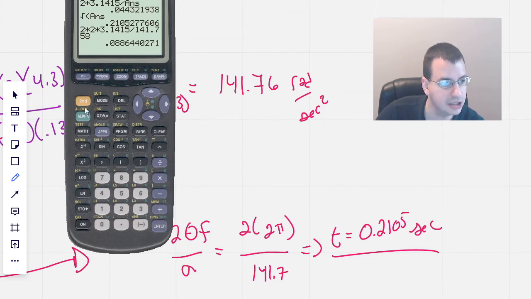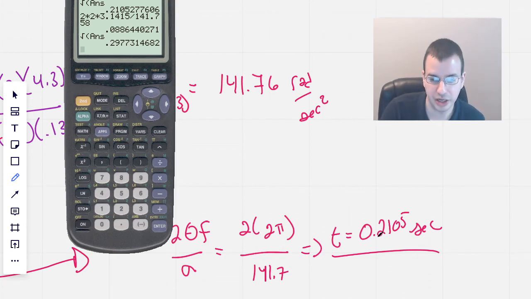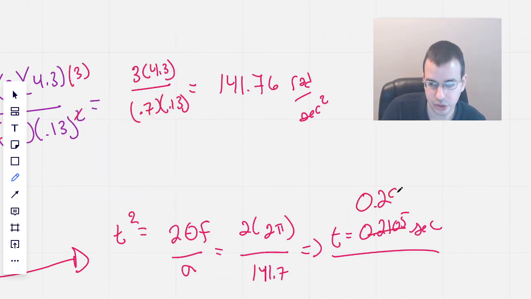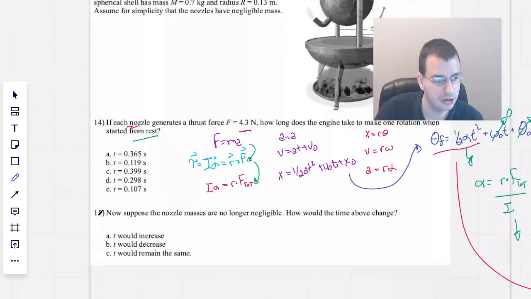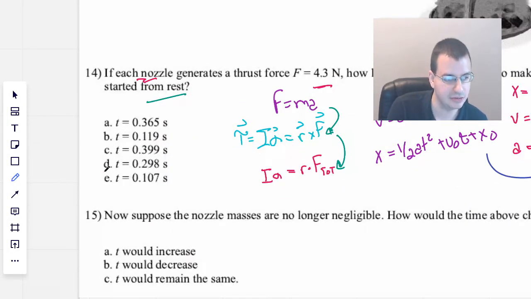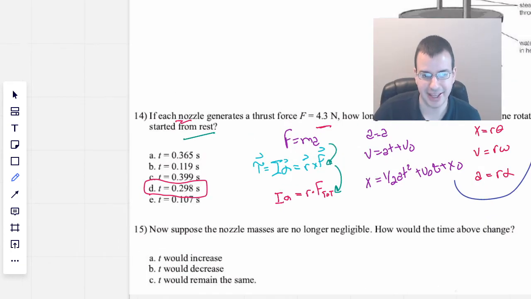Then square root of that answer, 0.2977. There we go. And D, right here, is a possible answer. D equals 2.98.